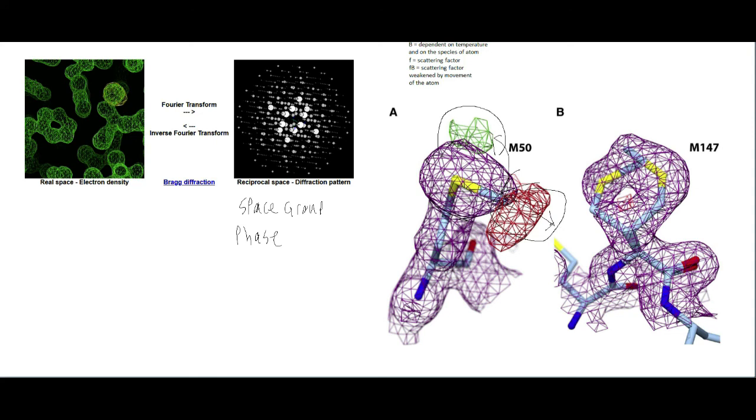Or what you see here might be the case where you can actually have what are called different rotamers, and so we could model this in two different ways.